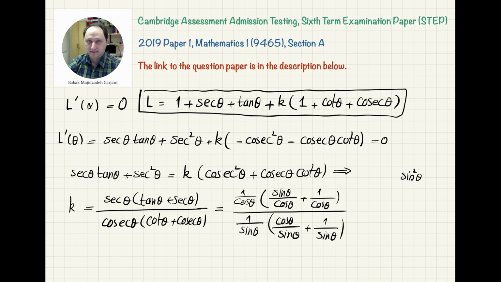Let me do another thing. Here I factor 1 over cosine out, so it becomes 1 over cosine squared theta times 1 plus sine theta, and in the denominator I will have a similar thing.